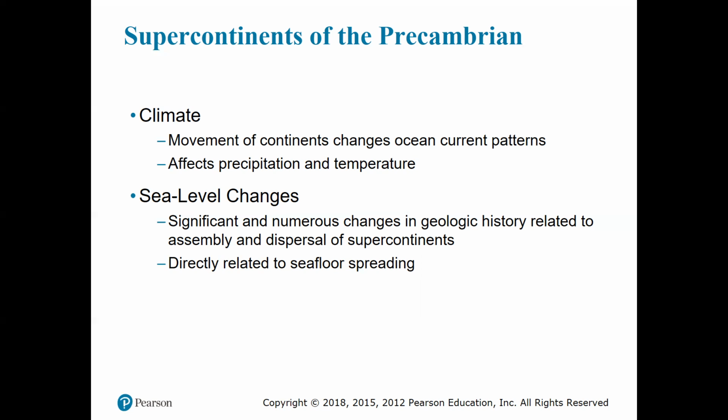The other thing that happens with sea level changes is seafloor spreading. When the rate of spreading is rapid, as we see it today along the East Pacific Rise, the production of warm oceanic crust is high. It's warm because it's close to the molten magma that's underneath it.